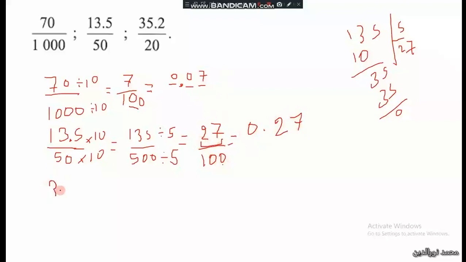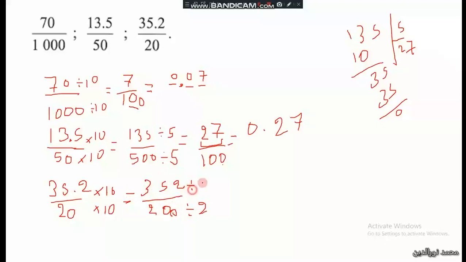And finally 35.2 over 20. First of all, we have to multiply by 10 to get rid of the decimal point here, so 352 over 200. And then we have to divide by 2 to have 100 as a denominator, so we have over 100.